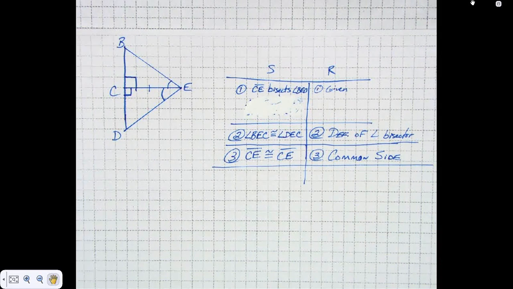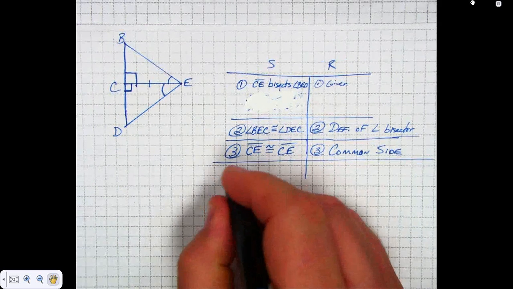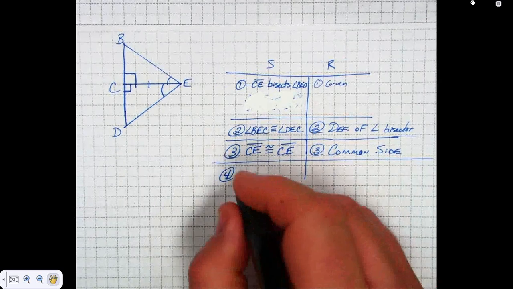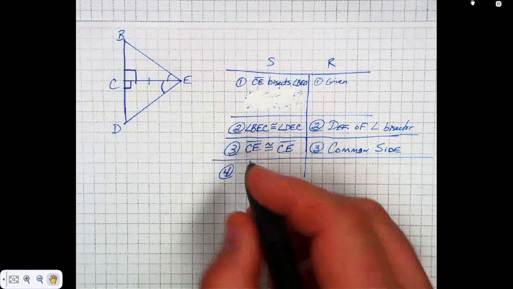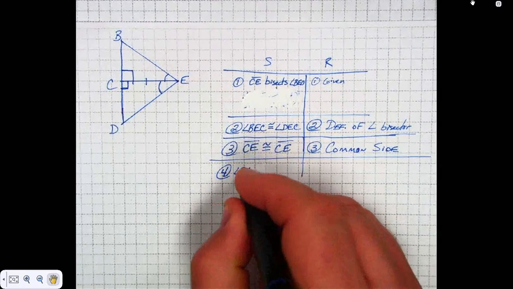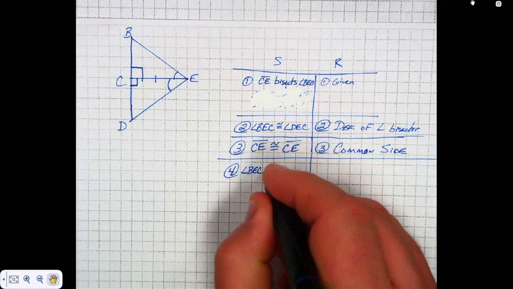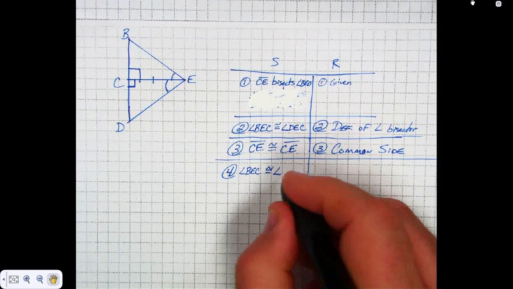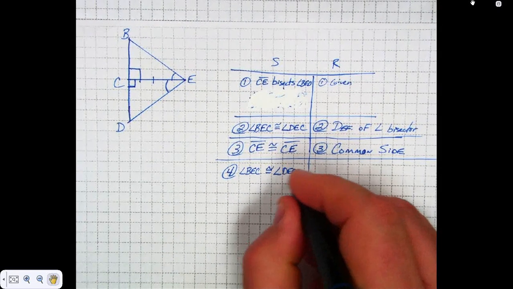Then wouldn't they be congruent right there? Or angle side angle? Yeah, angle side angle. Then I could say, since they said that these two are right angles, angle BEC is congruent to angle DEC. You already said that up there.